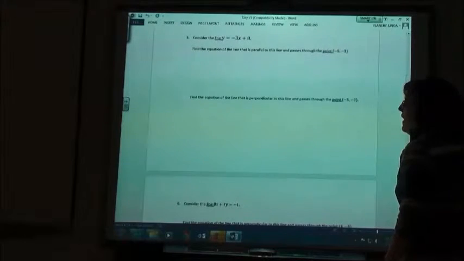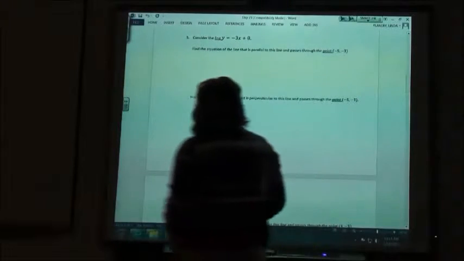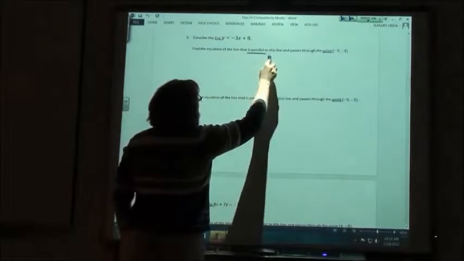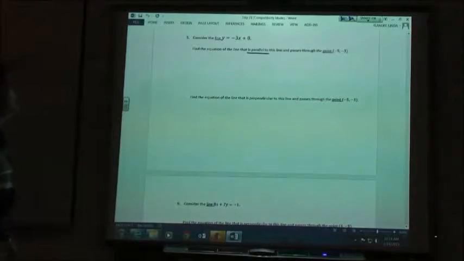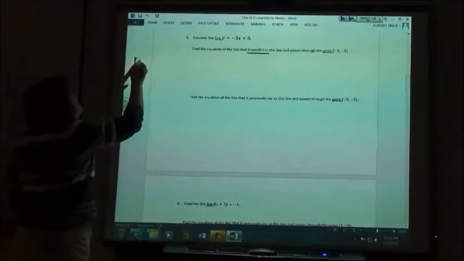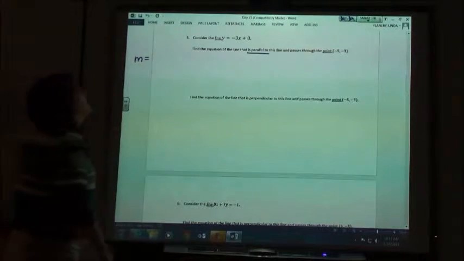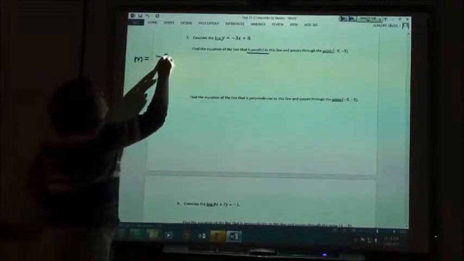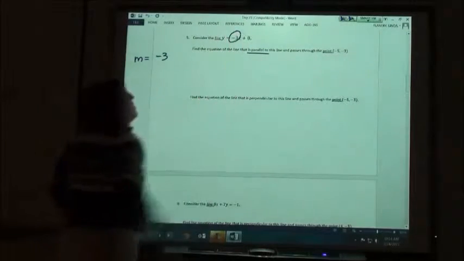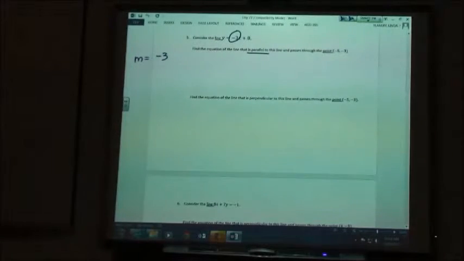number 5 then. So I want to find the equation of the line that is parallel to that line. If I know that it's parallel to that line, what number is going to be my m value? Your -3. My -3, right. The number in front of my x is going to be my m value.